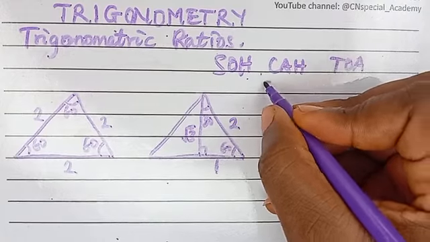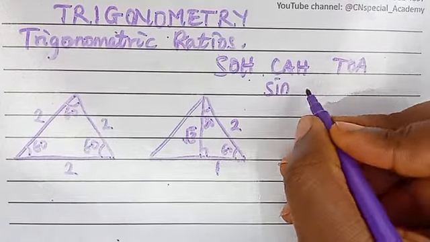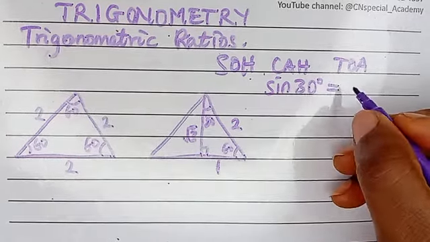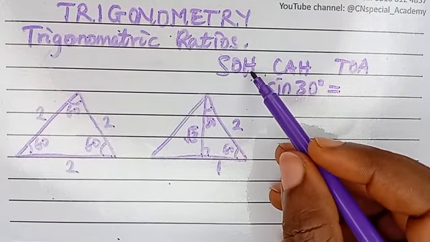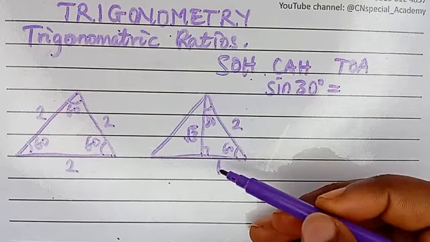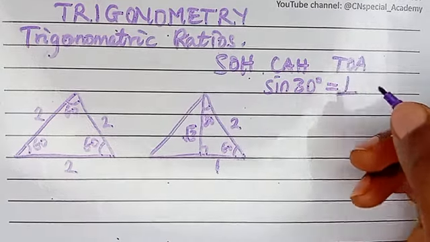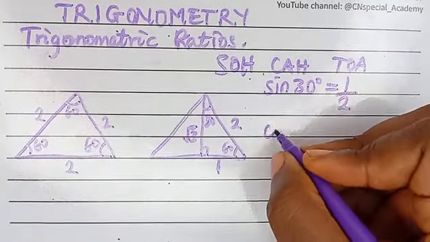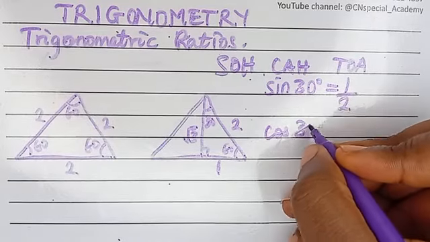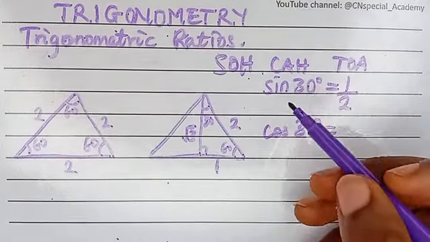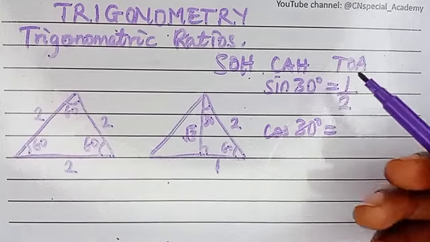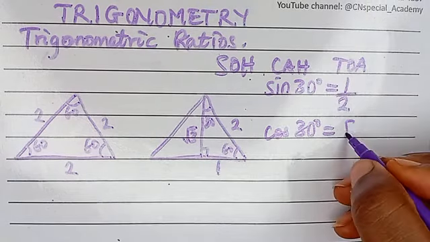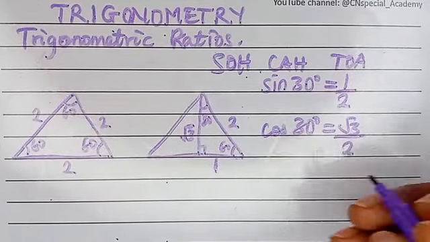Now let's see the trigonometric ratios for 30. Sine 30 degrees is equal to opposite over hypotenuse. Its opposite is 1, and the hypotenuse is 2. For cosine 30, it's equal to adjacent over hypotenuse. The adjacent to 30 is root 3, hypotenuse is 2.